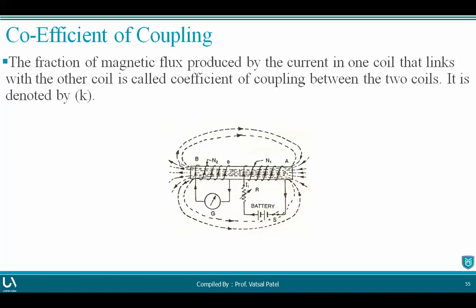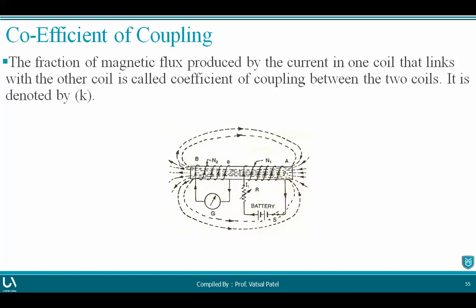But the sentence given here is telling us exactly this: the fraction of the magnetic flux produced by the current in one coil that links with the other coil is what we call the coefficient of coupling between these two coils.